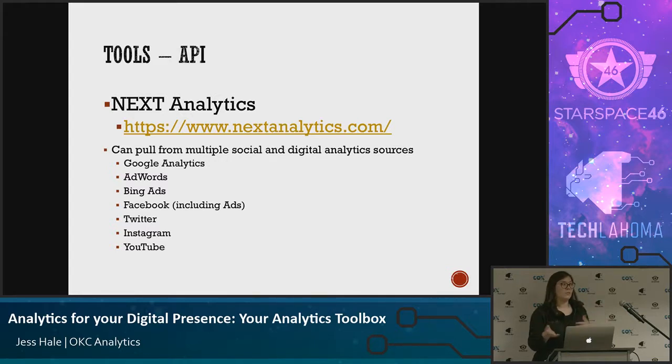I mean, it's their own language, but you can kind of figure out the syntax for it, because we've been able to figure out ways to pull from different APIs, like in Facebook, that they didn't necessarily have set up in the point and click interface. So you can pull from Google Analytics, AdWords, Bing Ads, Facebook, including the ads part, Twitter, Instagram, and YouTube.